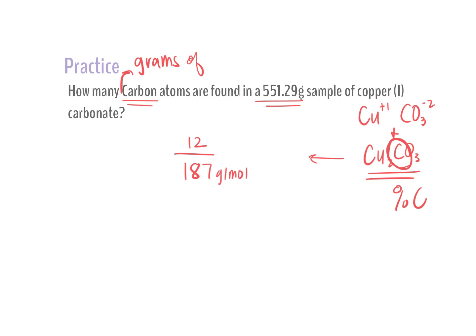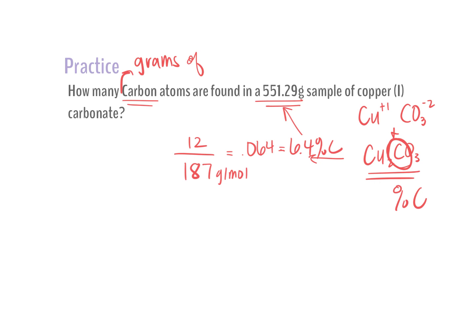It gives me 0.064, so that would give me about 6.4% carbon, right? Would we agree with that? My compound is 6.4% by mass that is pure carbon. Would we agree? So now, if I know my compound is 6.4% carbon, I just need to answer the question, well, what is 6.4% of 551.29?